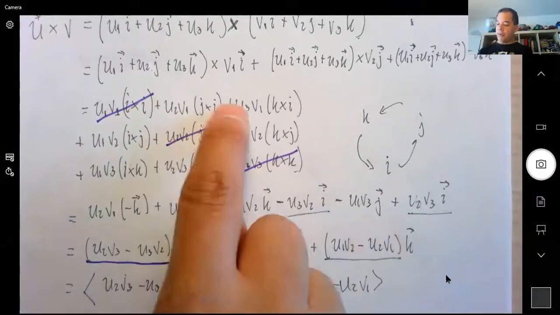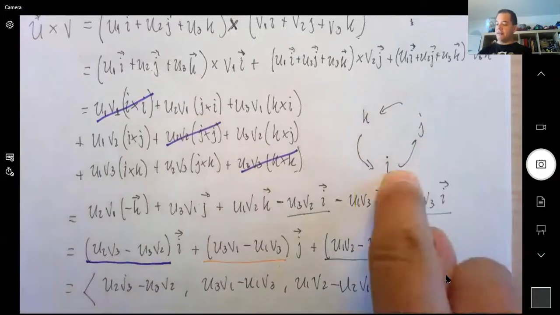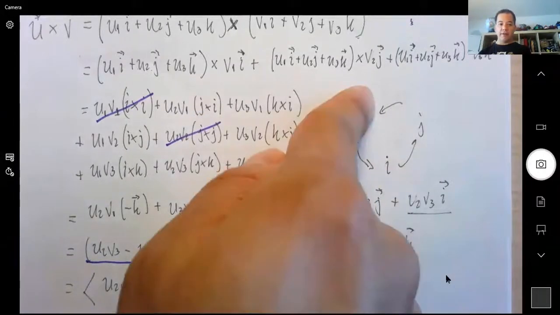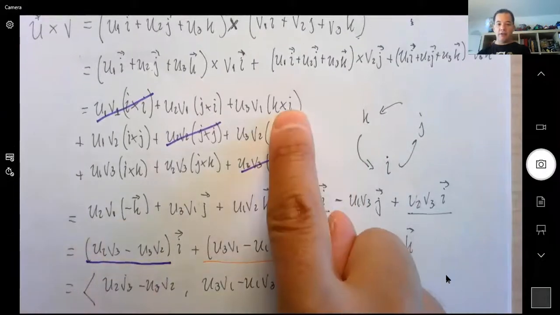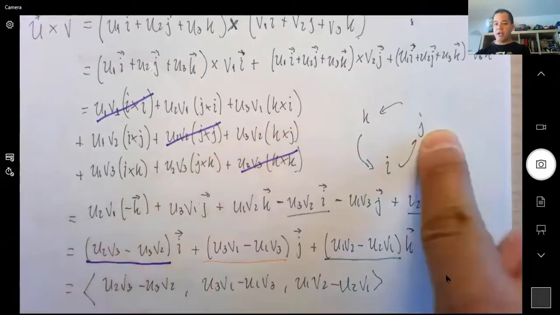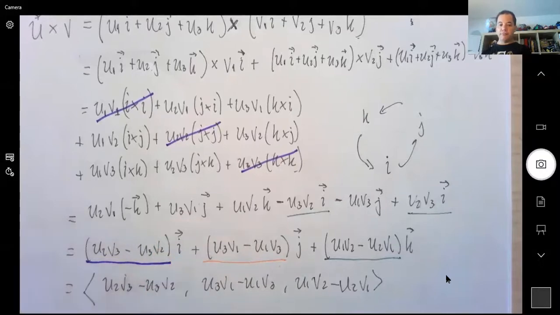And all the other ones we can change, right? Like this one, j cross i is negative k. So we're going the opposite direction. So that one is negative k. k cross i, that one is j. So that one is this one over here, perfectly fine. All right? So we simplified it and we got this formula over here.